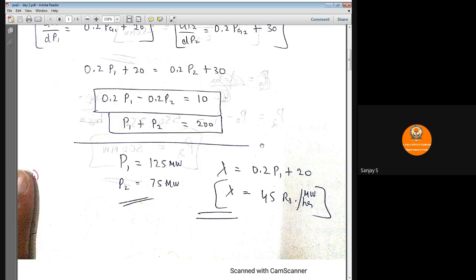I have got the generation P1, which is 125. So it becomes 0.2 into 125 plus 20. So you get lambda is equal to 45 rupees per megawatt hour. I already told you, whenever it is incremental fuel cost equation, the unit is rupees per megawatt hour. So this is how we get P1, P2, and lambda.